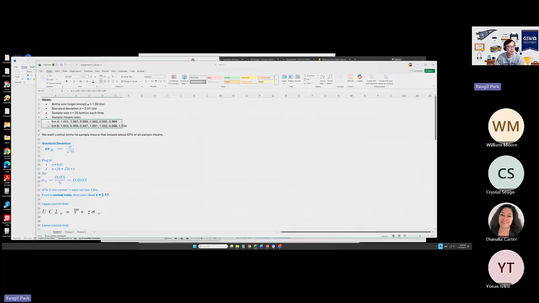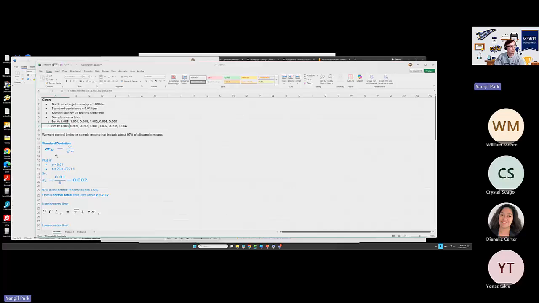Then these are the sets of samples, set A and set B. Again, the idea is to set the upper limit and lower limit for the 97% level.